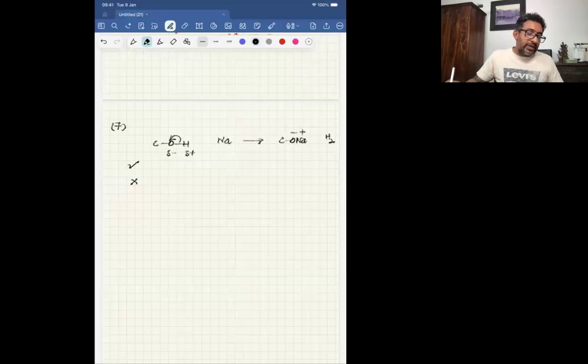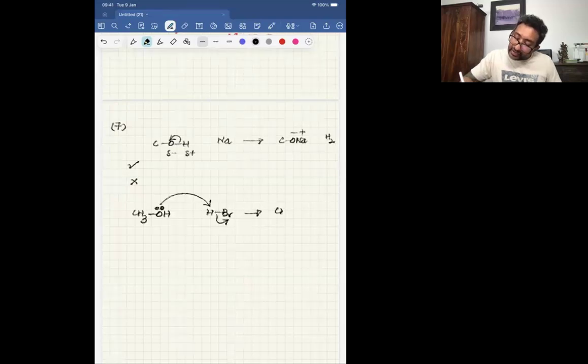Alcohols undergo electrophilic substitution reaction with HBr. So alcohols, CH3OH. And what you have is HBr is the one that we add. This one is going to attack onto hydrogen, breaking the bond. So it's acting like an electrophile. So HBr acting like an electrophile, CH3OH2 plus. And you get Br minus.